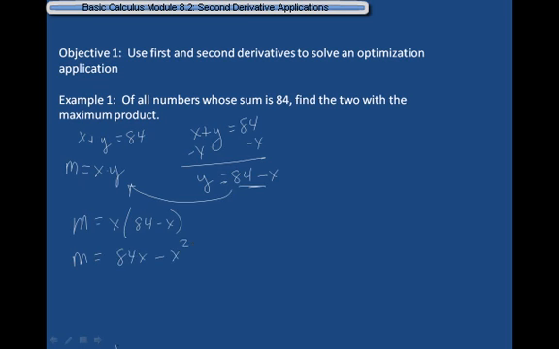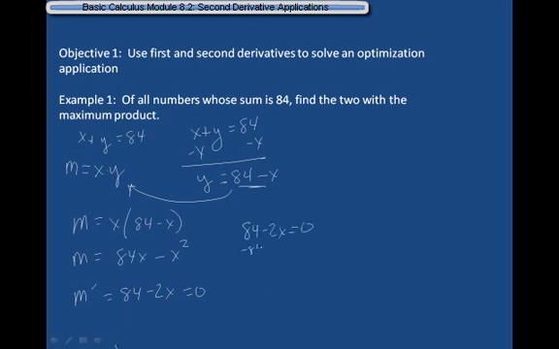Let's find a critical value if there is one. We're going to let m prime equal the derivative, which would be 84 minus 2x. And then we can set this equal to 0 to see if we can find the critical value. And so 84 minus 2x equals 0.